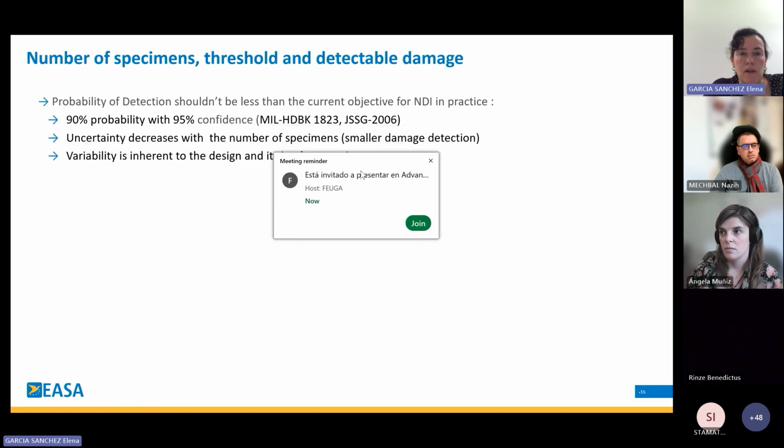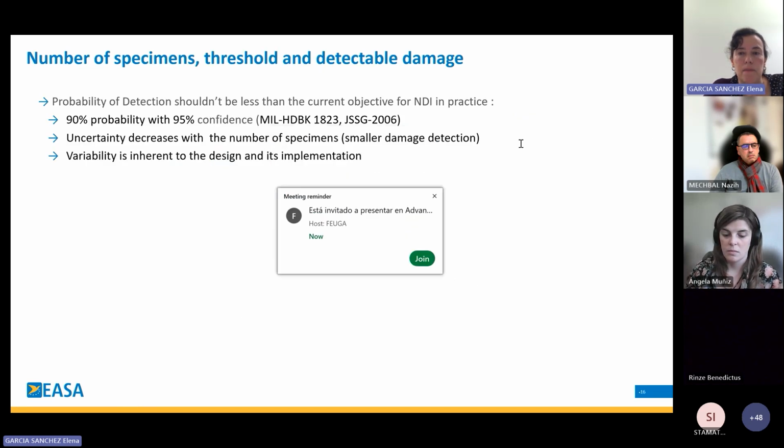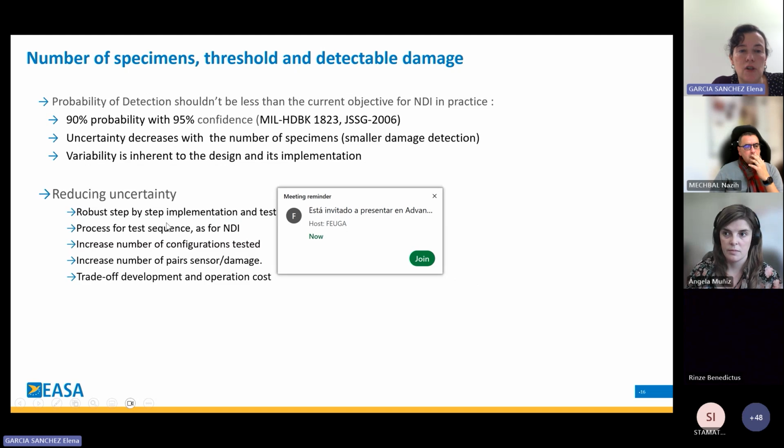So for number of specimens, as said before, the objective is 1995. The uncertainty decreases with the number of specimens. The larger your sample size, the more peaked your distribution becomes. But then variability is inherent to the design and its implementation.